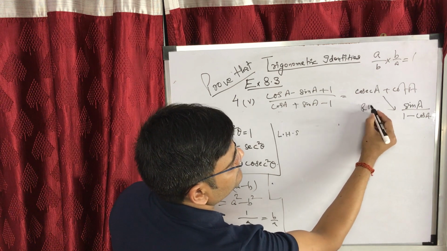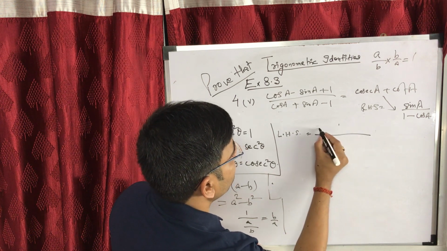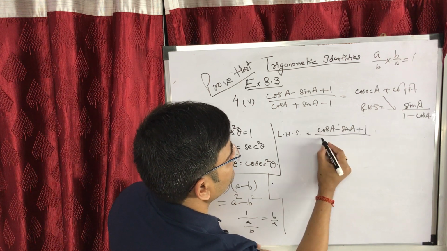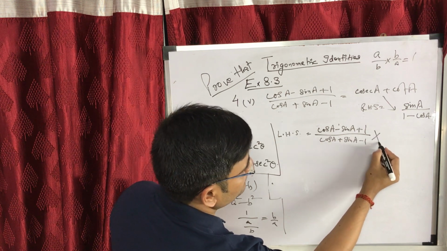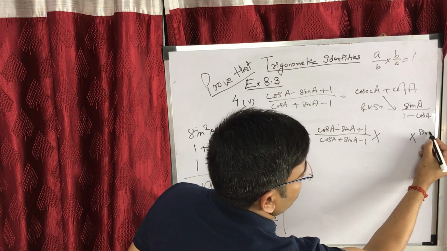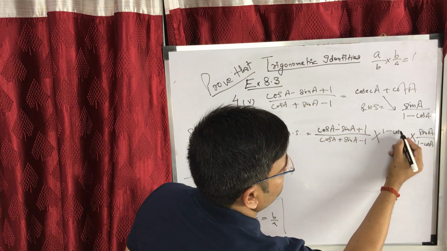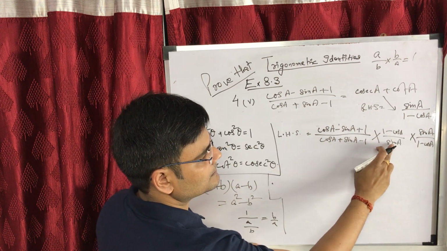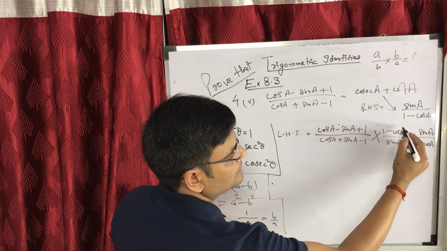LHS equals to, I multiply (cos A minus sin A plus 1) by (cos A plus sin A minus 1) into sin A by 1 minus cos A and 1 minus cos A by sin A. So it is actually into A by B into B by A. This is actually multiplying by 1.